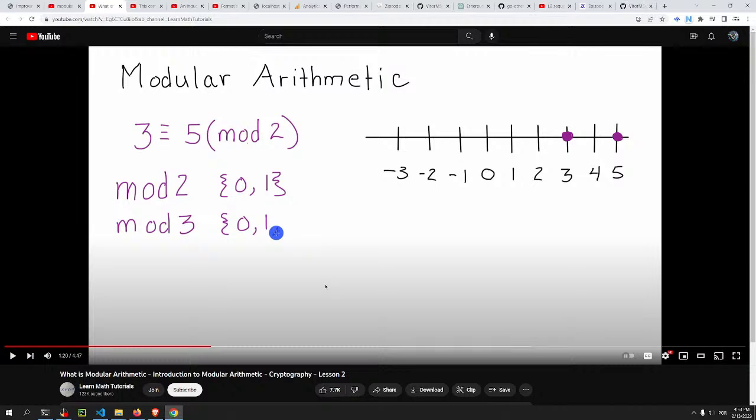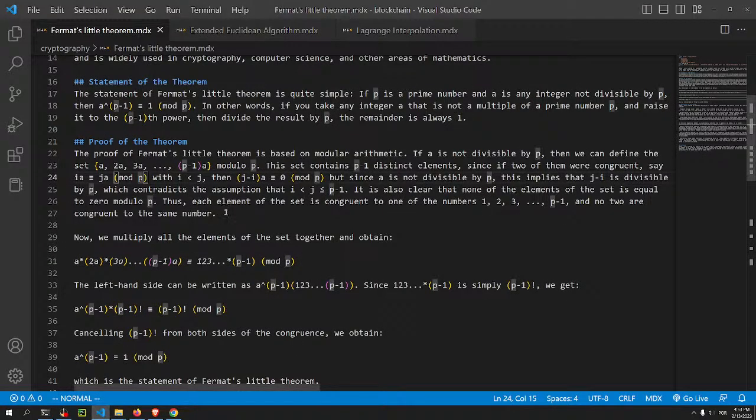I was reading this incorrectly. I was reading as if this number is equal to the remainder of this divided by this number. But it's saying that the remainder of this is equal to the remainder of this divided by this thing here.